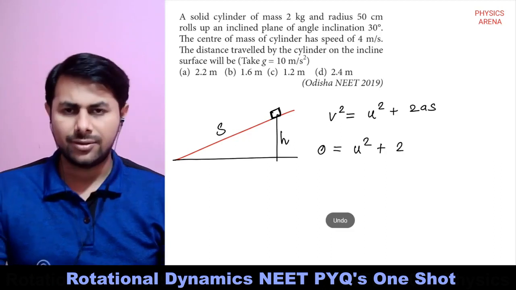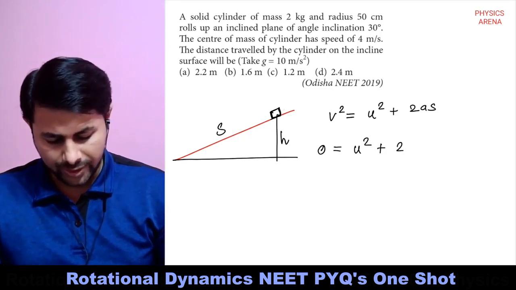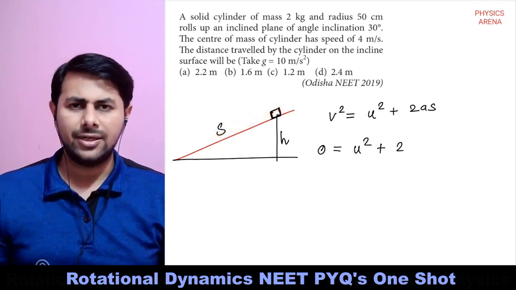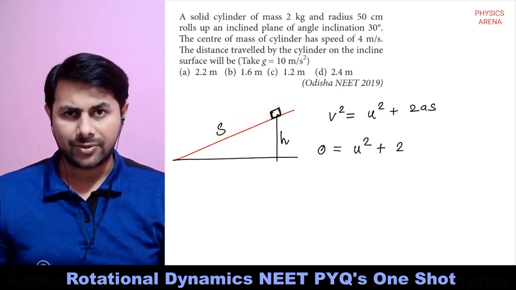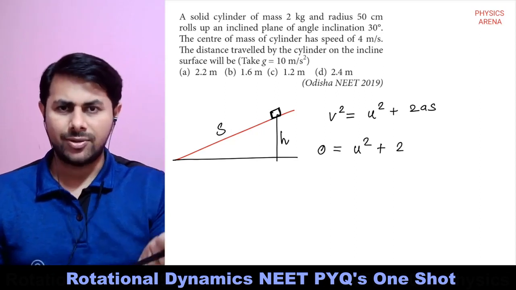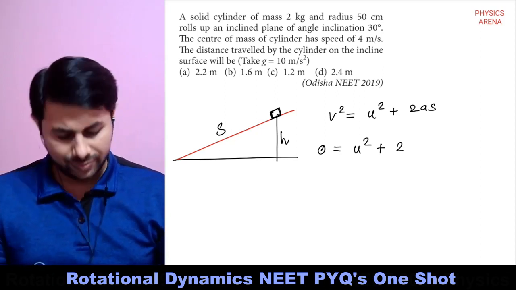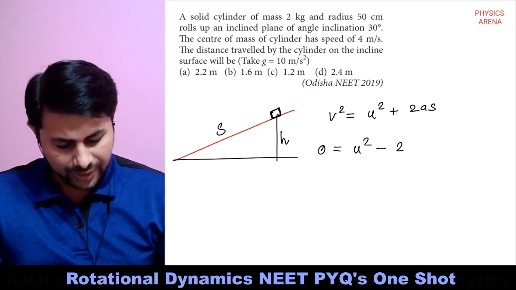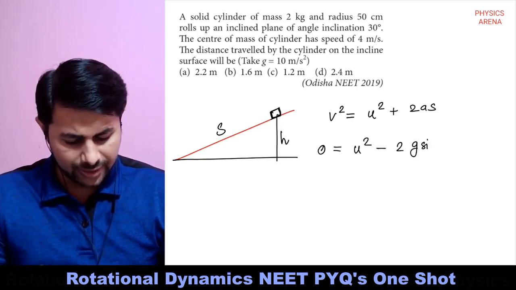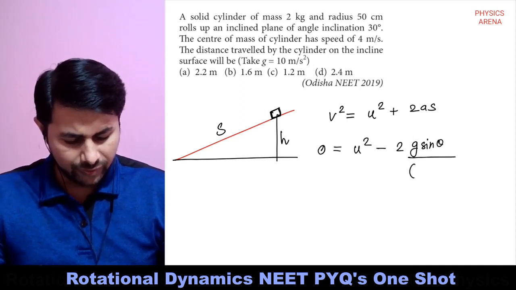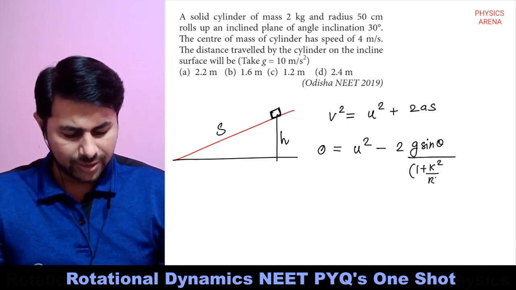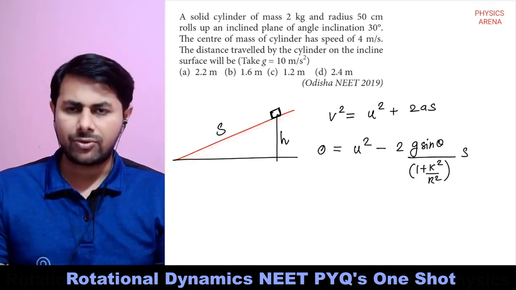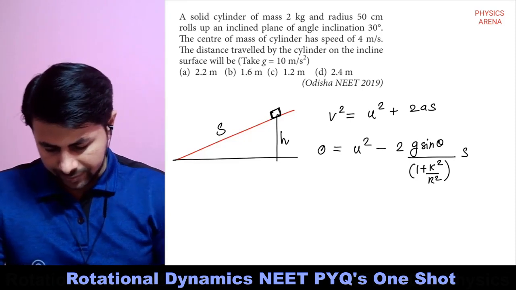What is acceleration? If it is rolling down, then acceleration is g sine theta divided by 1 plus k square by r square. Now it is rolling up, so acceleration will be negative. So I can put minus sign, and this is g sine theta divided by 1 plus k square upon r square multiplied by s. And s is what we have to find out.